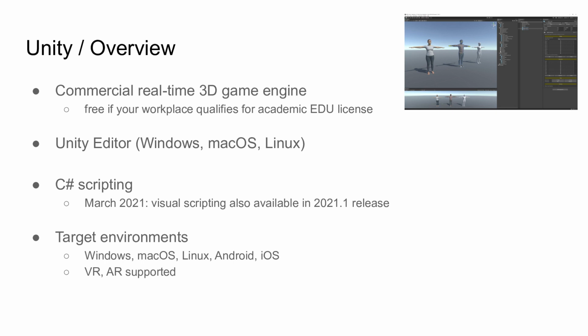For many years, there have also been visual scripting solutions available as commercial products in the Unity marketplace. And in March 2021, there's finally also an official scripting solution from Unity available in 2021.1 and later releases.